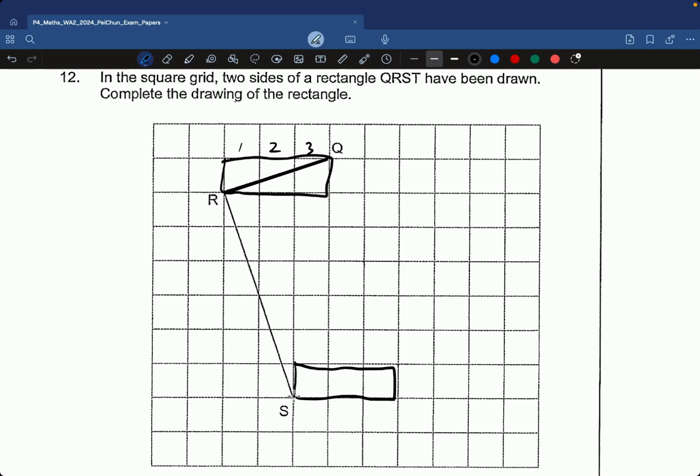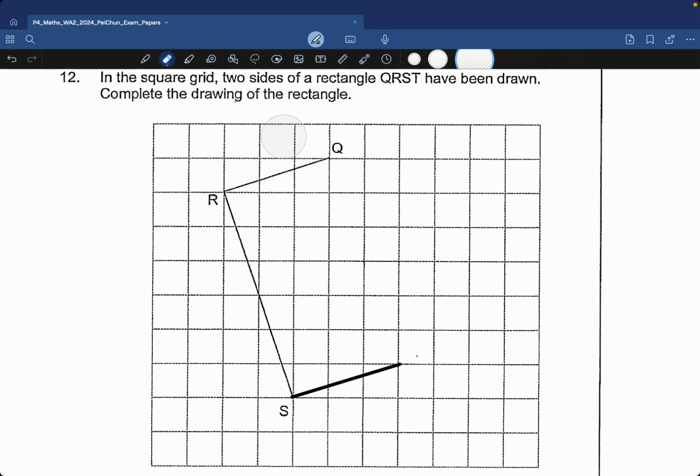And then after that, you can just draw the line straight. So you can draw the line over here. That's what I see over here. So next one, let me move this. Next one is you have R and S. So you have the rectangle over here. Now you just need to find a 2 by 1, 2, 3, 4, 5, 6.